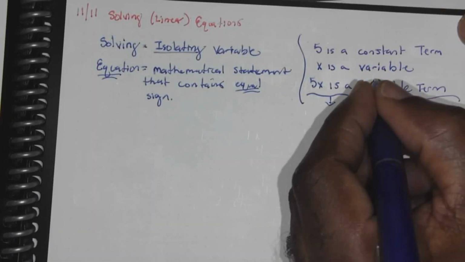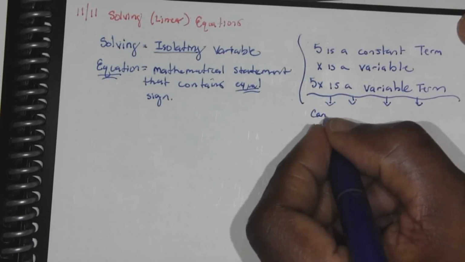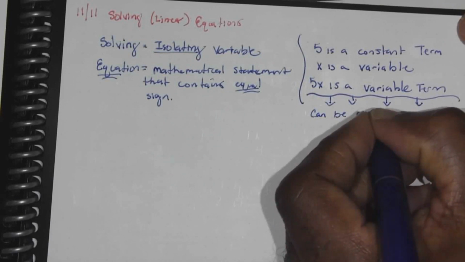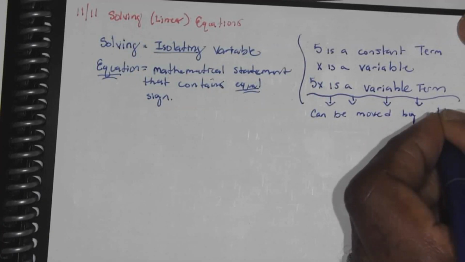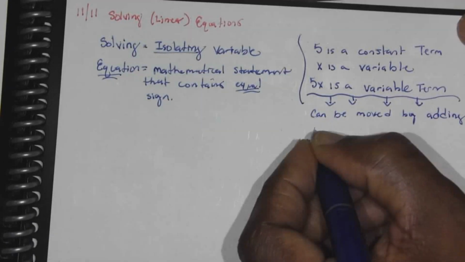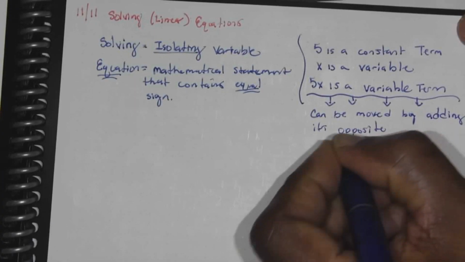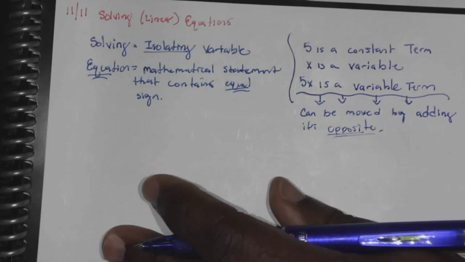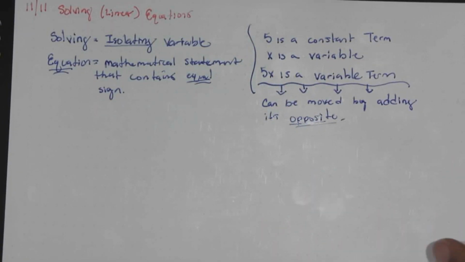So all these terms can be moved by adding its opposite. You can only move these, I should say, can only be moved by adding its opposite. So in this case, if I ask you to move somebody, you can only move them by adding its opposite.